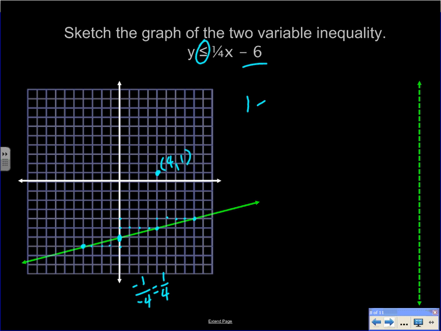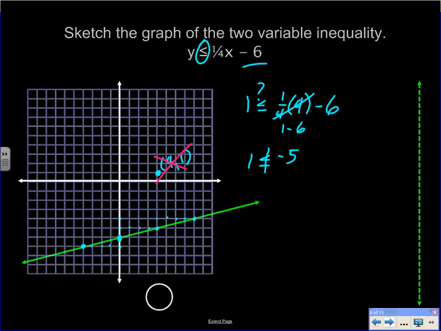Y would be 1. X is 4. We know the 4's cancel out. So we have 1 minus 6, which is negative 5. Is 1 less than or equal to negative 5? No, it is not. So the point 4, 1 is not a solution to the inequality. So we will be shading everything on the other side of the line than that point 4, 1, and the other side of the line would be right here, everything down below it.